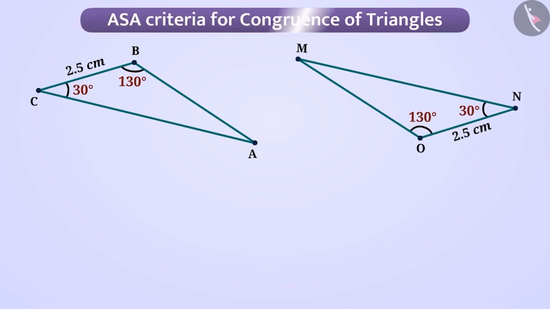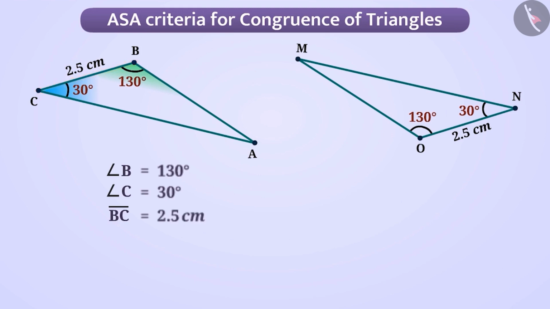Like here, we have two triangles. The triangle ABC has angle B equal to 130 degrees, angle C equal to 30 degrees, and the length of the included side BC equal to 2.5 cm. Similarly, in triangle MNO, we have angle O equal to 130 degrees, angle N equal to 30 degrees, and the length of the included side ON equal to 2.5 cm.